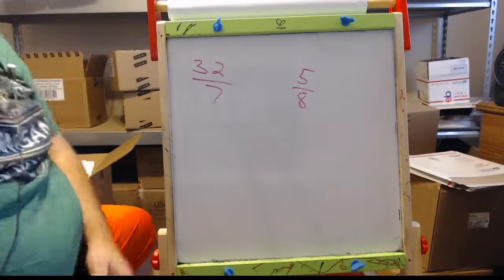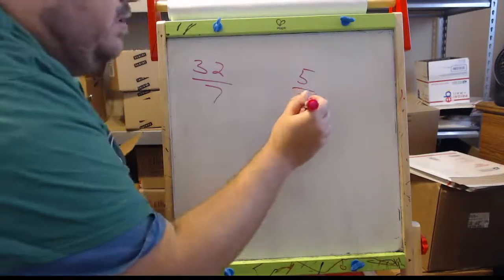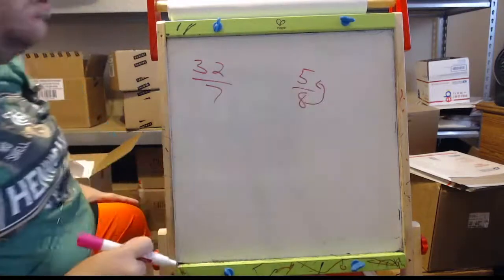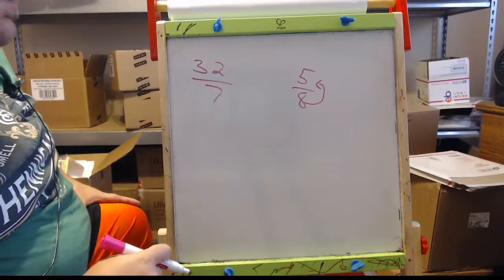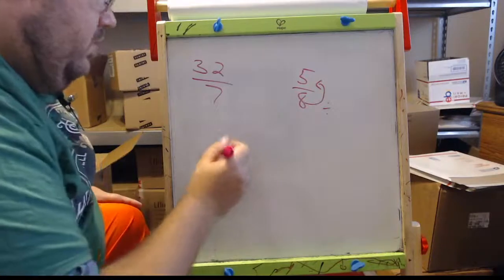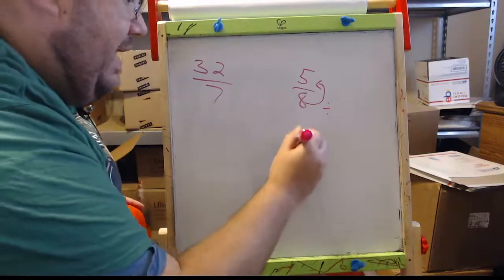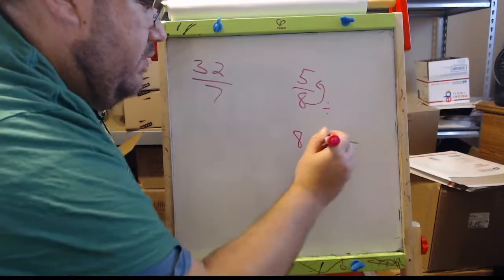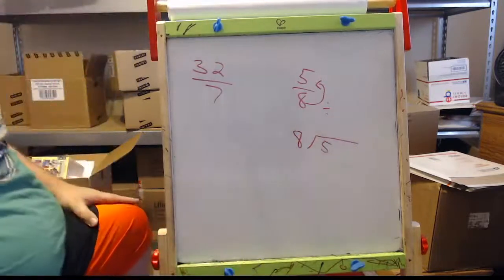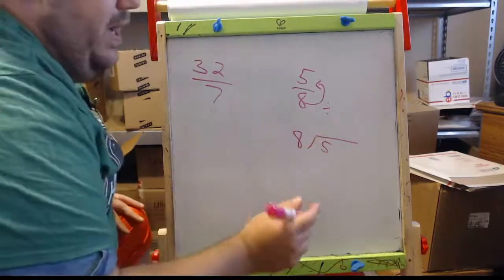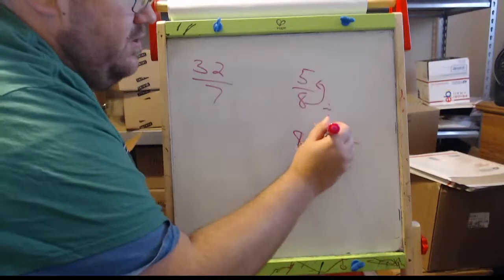To do it as a decimal, take this and divide it into that. So for this one, 8 divided into 5. Well, 8 doesn't go into 5, so 0 times.